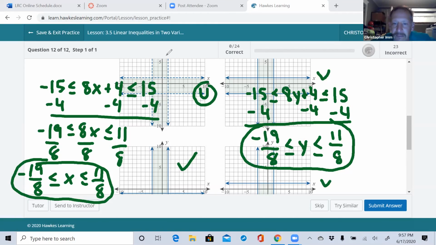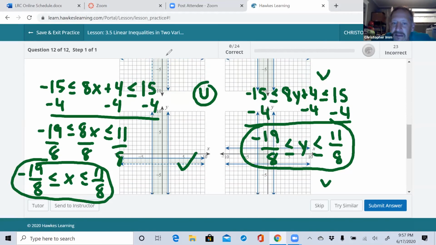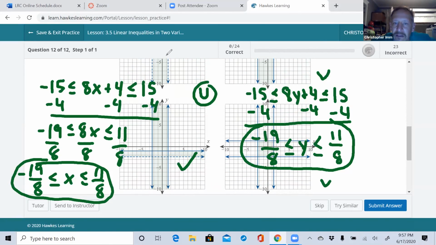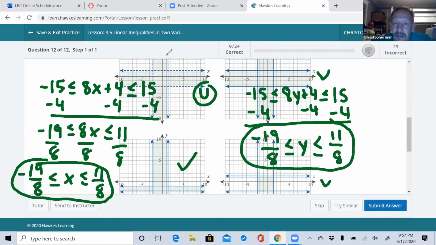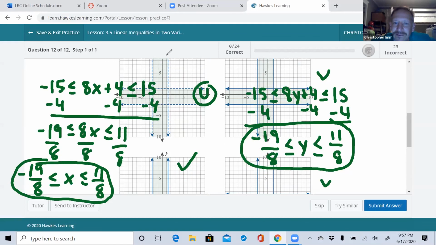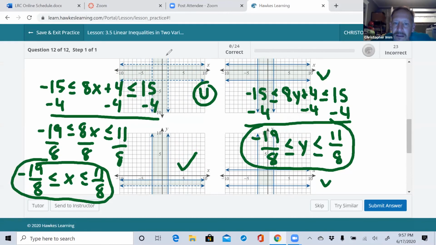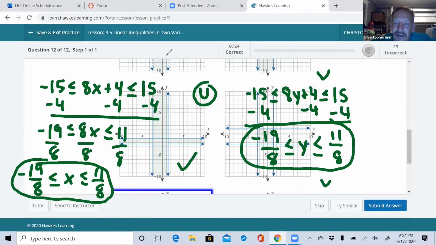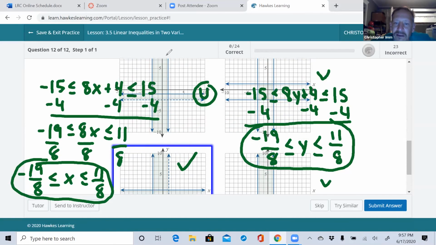So which one is it? Let's see. They look identical. But maybe not quite.